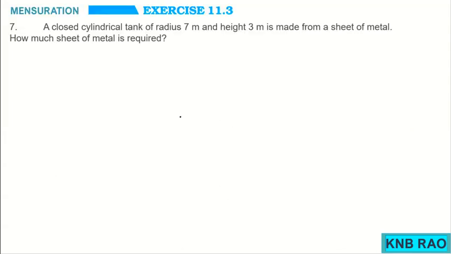Question number 7. A closed cylindrical tank of radius 7 meter and height 3 meter is made from a sheet of metal. How much sheet of metal is required to prepare that? A closed tank is nothing but closed from the top as well as bottom.